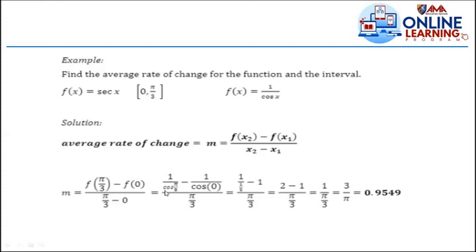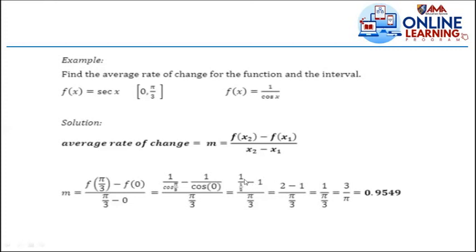If we use a calculator, cosine 60 degrees is equivalent to 0.5 or 1/2. So this is the value of cosine pi over 3. In terms of degrees, cosine 60 degrees is 1/2 or 0.5. And also, we know that cosine 0, using your calculator, is equivalent to 1. So 1 divided by 1 is 1.